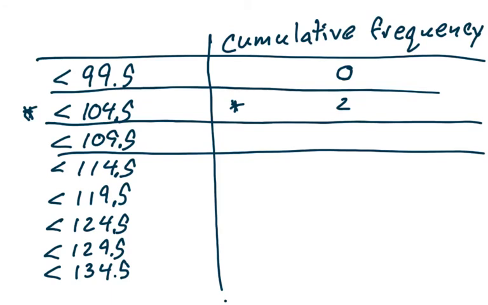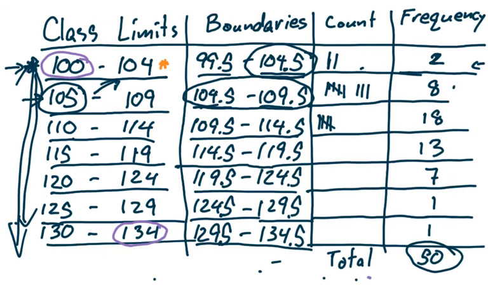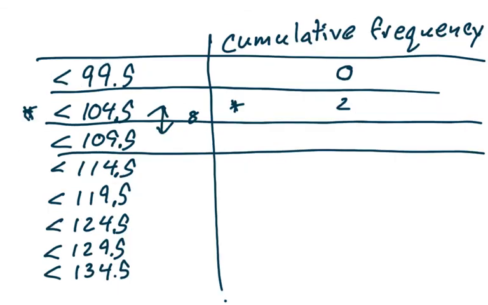Between 104.5 and 109.5, there were exactly 8, because that's what it says right here for this class. So if we have 0 so far, and added another 2, and then there's 8 in this class, we're going to say there's a total of 10 there.